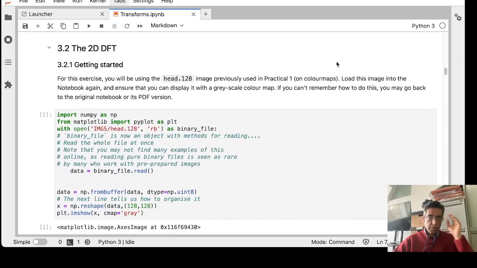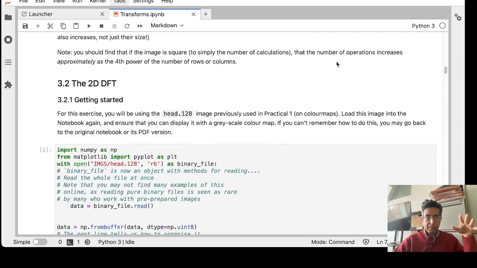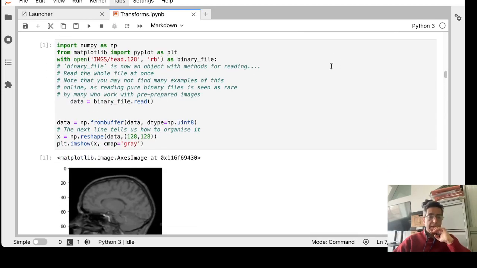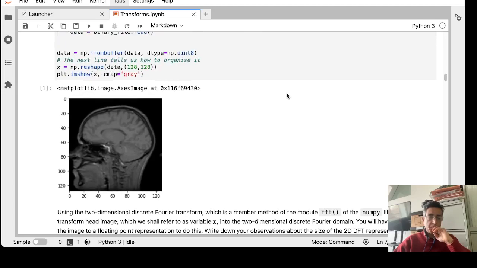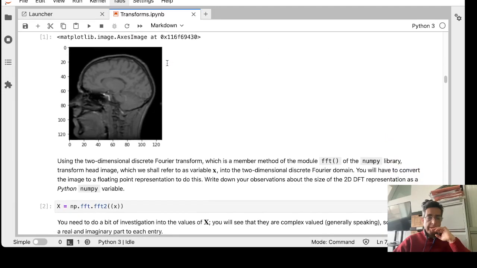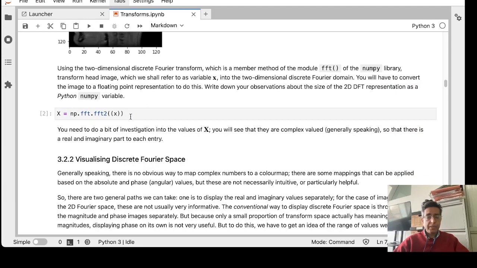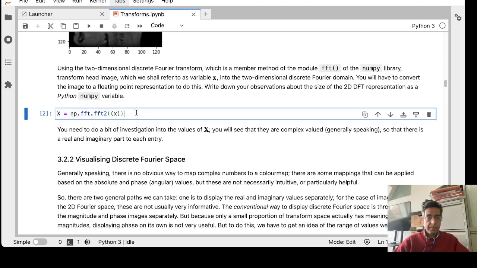Once we get through that first bit of revising stuff we did in the lectures, we then start playing around with real image transforms, and we're going to start by looking at the head image, a nice MRI image, of size 128 by 128, and we map that into discrete Fourier space, two-dimensional discrete Fourier space, using a command like this.